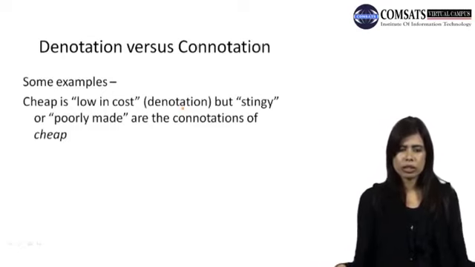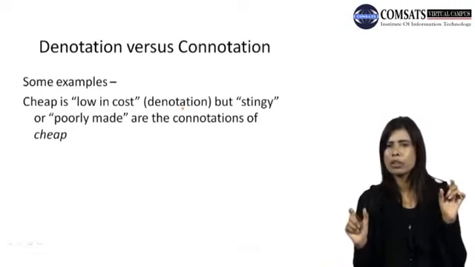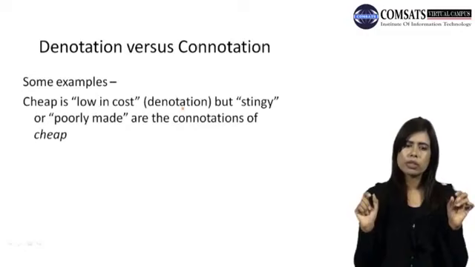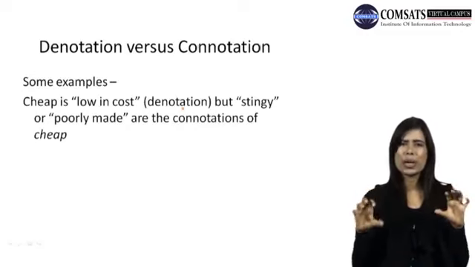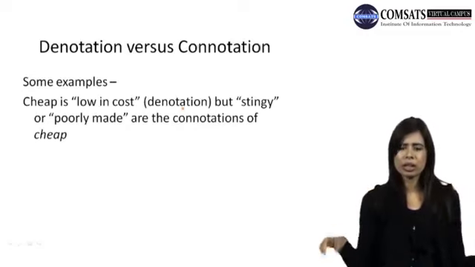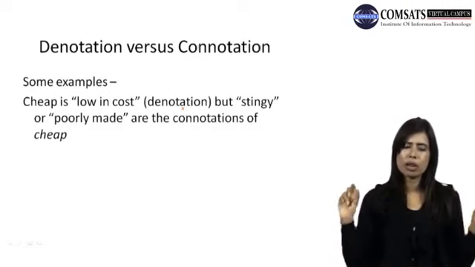Denotation versus connotation. Some examples: cheap is low in cost. This is denotation. This is the dictionary or literal meaning of the word cheap: something which is low in cost, which is low in standard. But stingy or poorly made are the connotations of cheap.